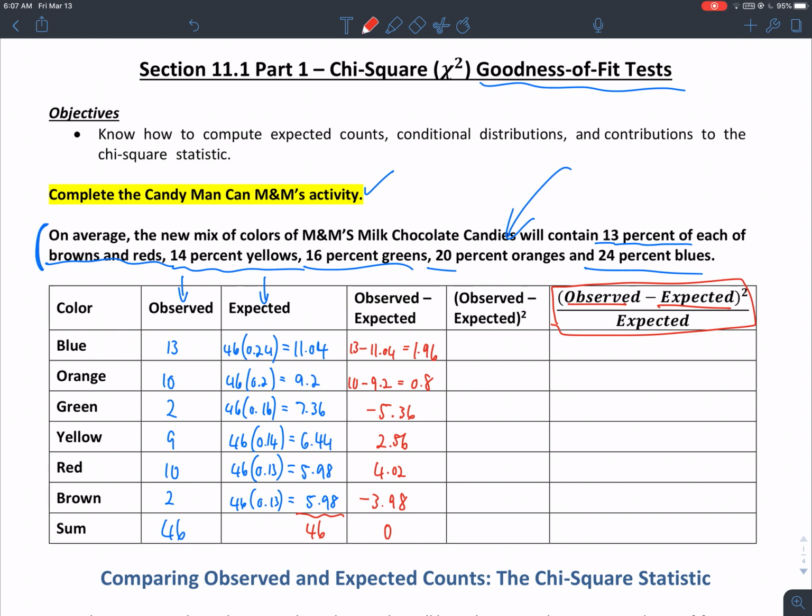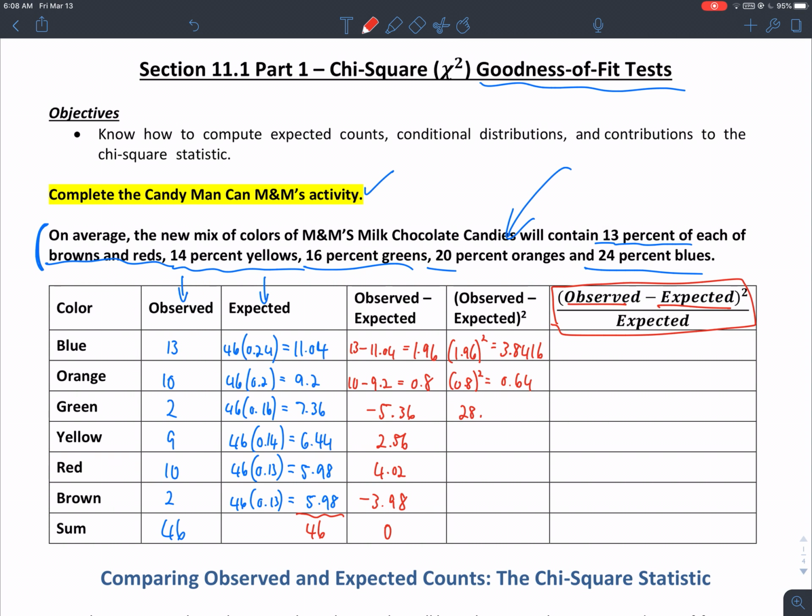And then you do this and you square it. So if you square this number, it's 1.96 squared, and you get 3.8416. And of course, the more decimals you leave behind the decimal point, the better for your accuracy, okay? And if you square 0.8 squared, you get 0.64, and so on.